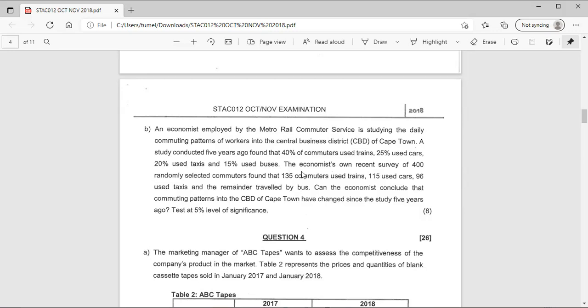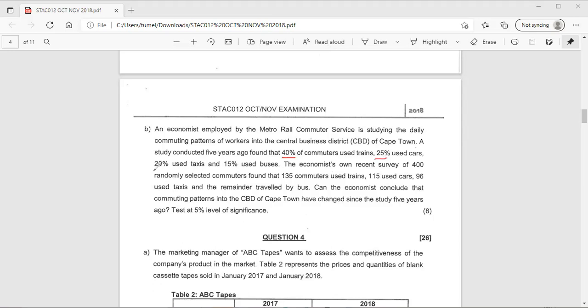While we are still there, what are we given? We are given the proportions. How many are they? Four.